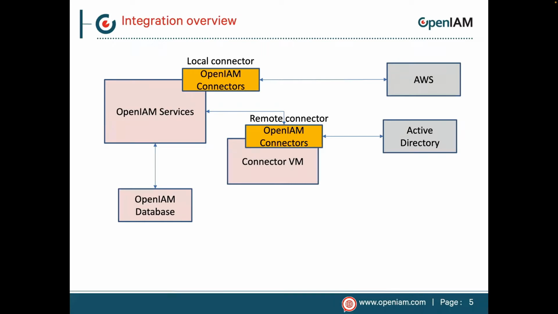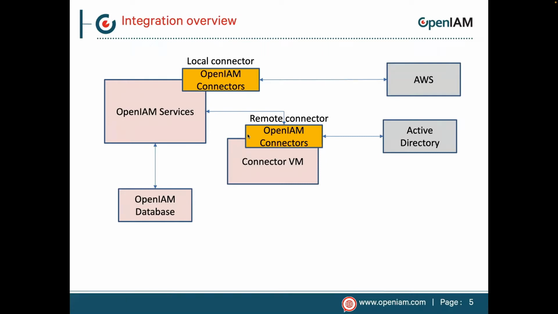Because of that, they can't run on the Linux box which OpenIAM is running on, so for that you need a separate VM. These are remote connectors because they're running on a separate VM, and that VM does not have to be located right next to the OpenIAM host. In our deployment today they're running in the same data center, but that's just because we're going to do a demo here.